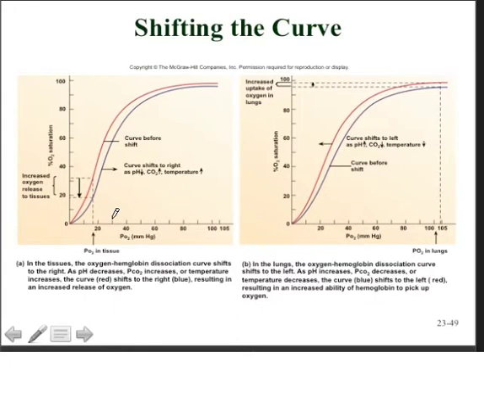And then if we draw our line straight up, we're going to hit the blue curve here at about 58% saturation. That's in the presence now of acid conditions, high CO2 content, and high temperature.